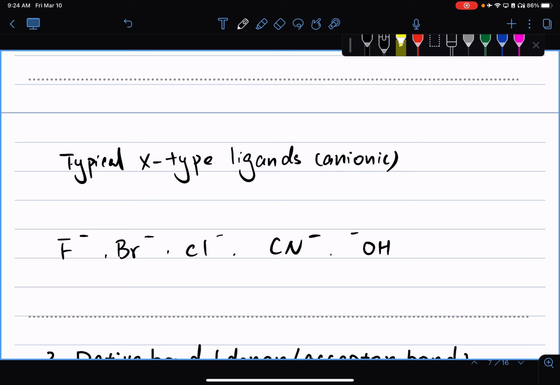So that's one type of transition metal bonding with an X-type ligand. It's a covalent bond.